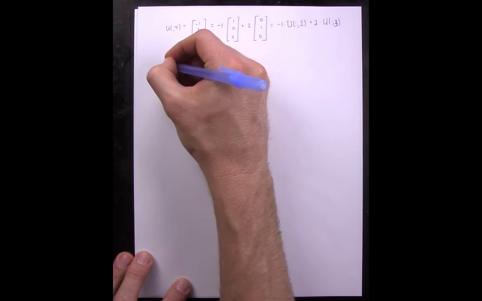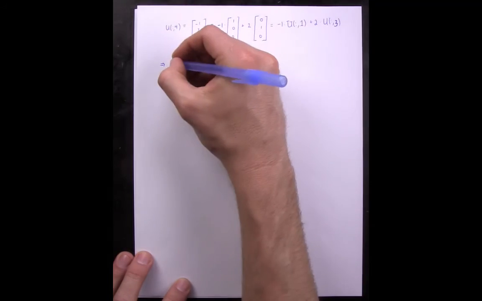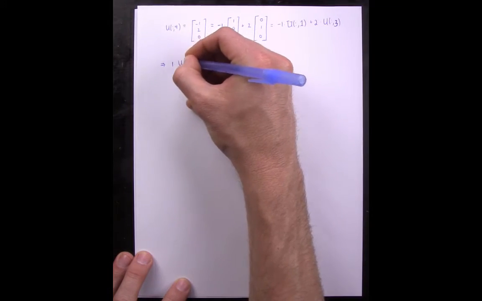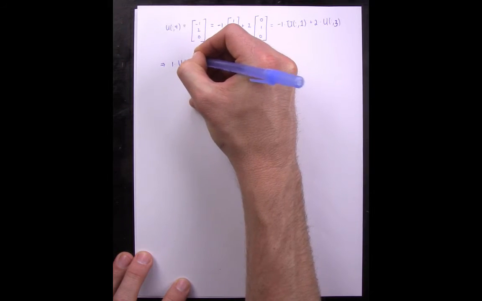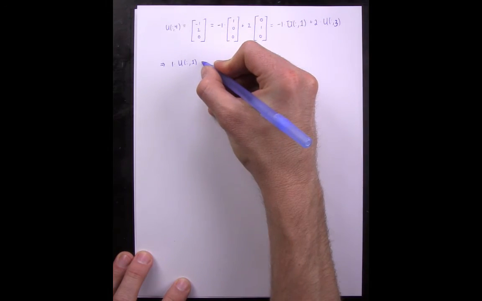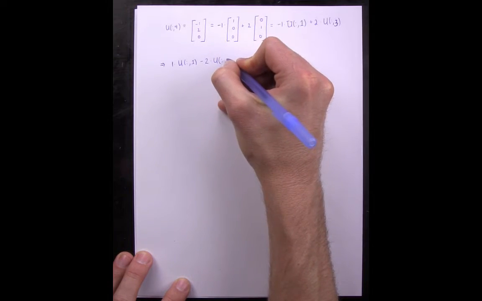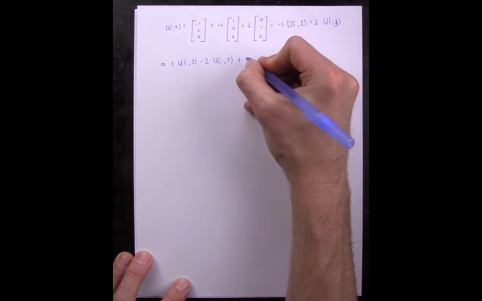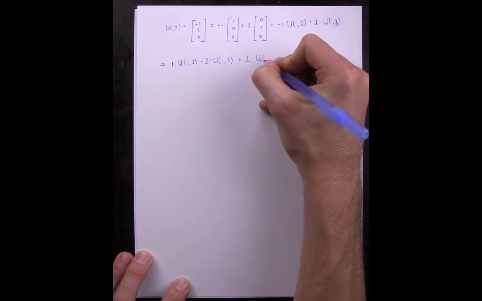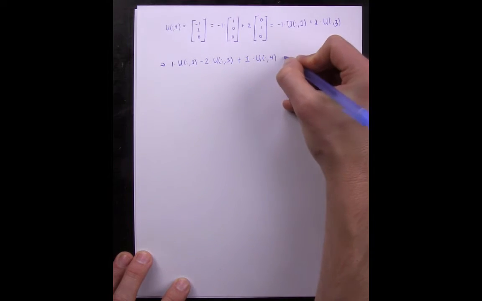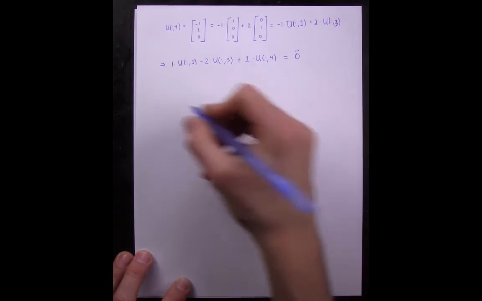All of a sudden we can now move these over to the other side in the same way as before, and we write that in order to produce 0, we take a linear combination of these three vectors resulting in 0 on the right hand side.